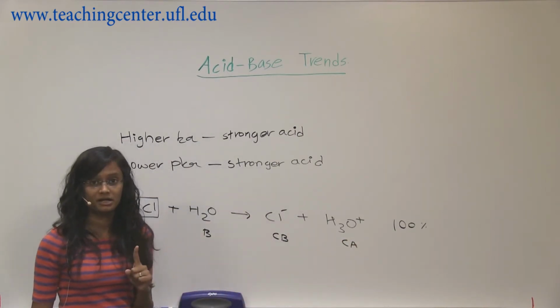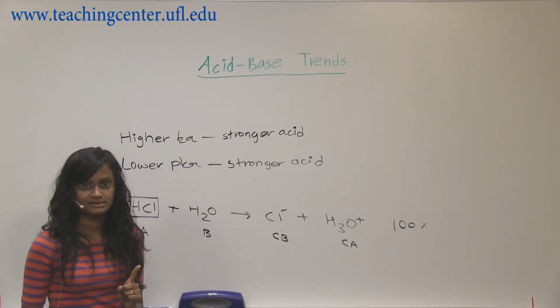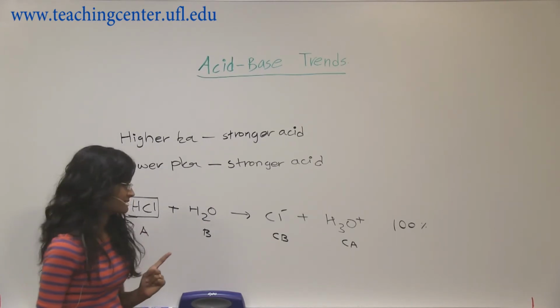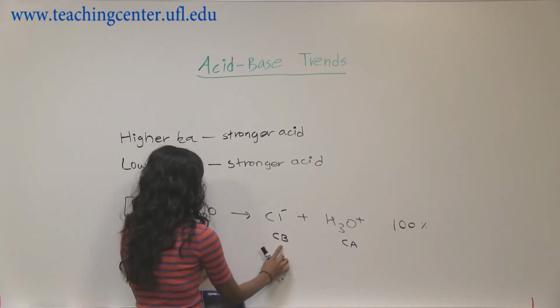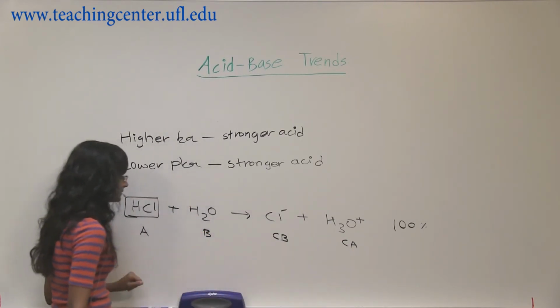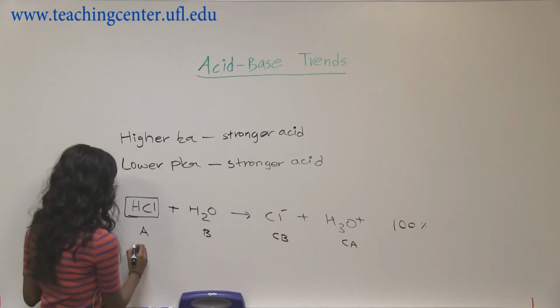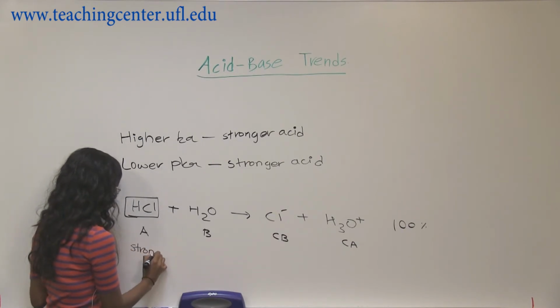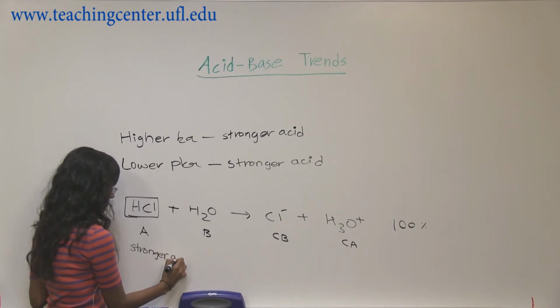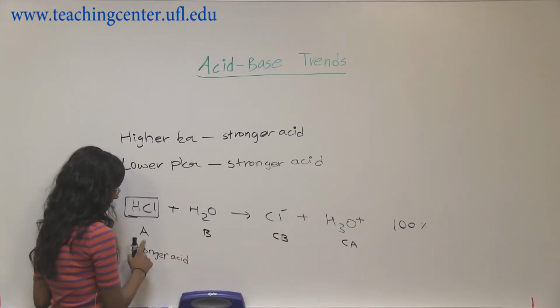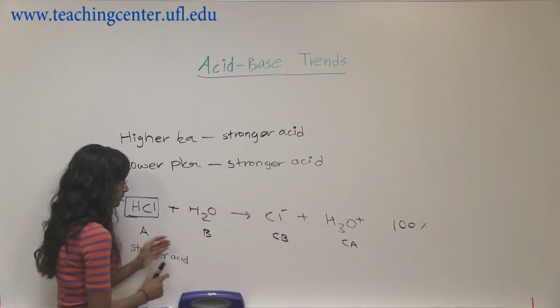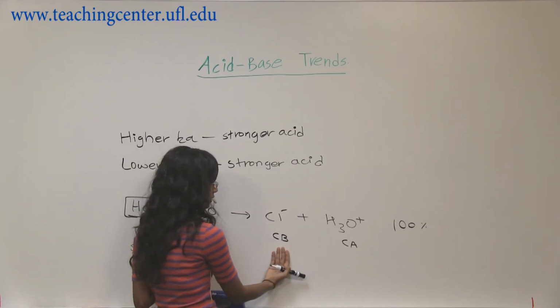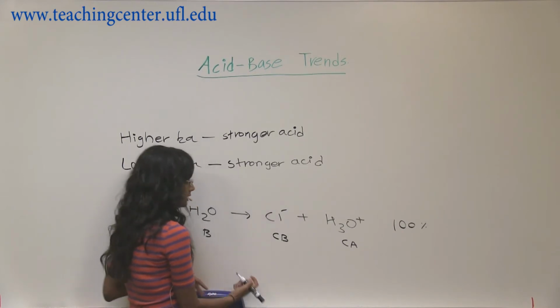Always compare acids with acids, bases with bases. Then we know that this is a stronger acid than H3O plus. Now water versus Cl minus. What's more stable?